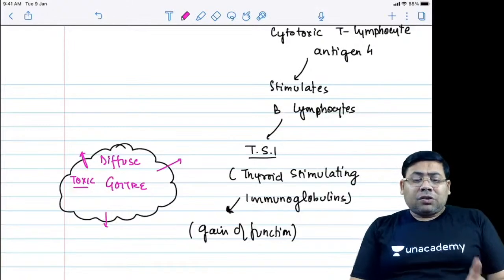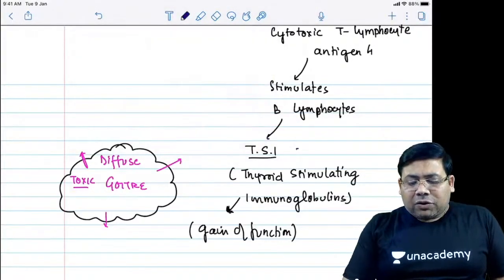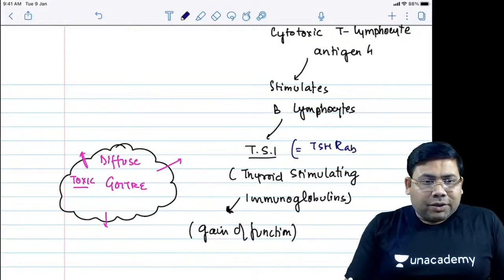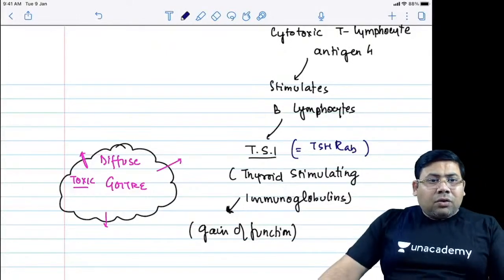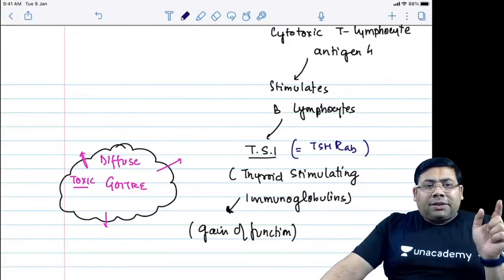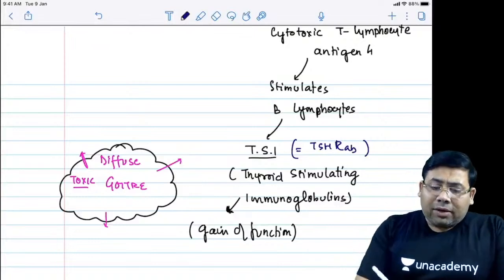Do you know this is also TSI? They are also thyroid stimulating hormone receptor antibodies. These antibodies are the hallmark.